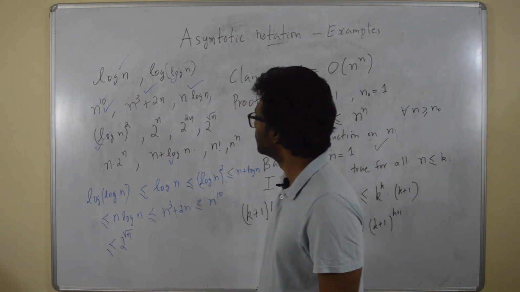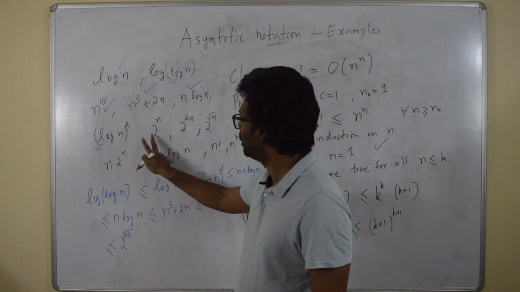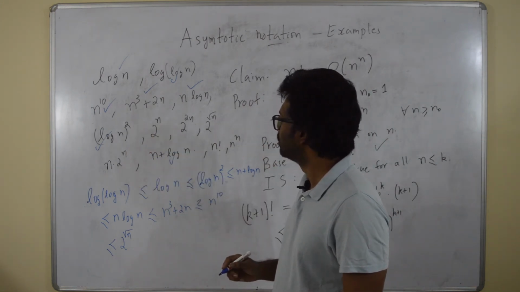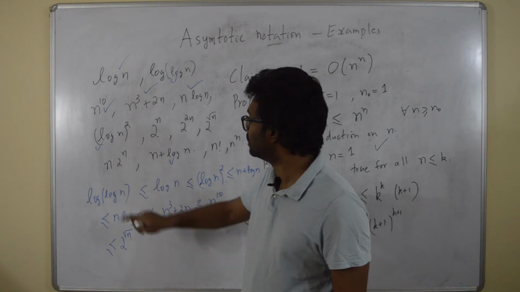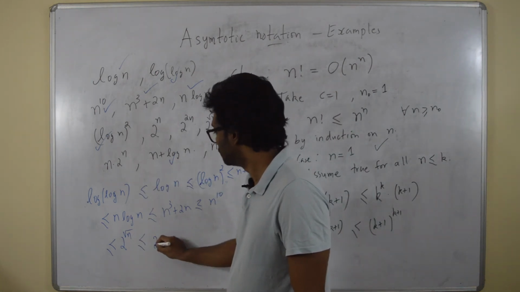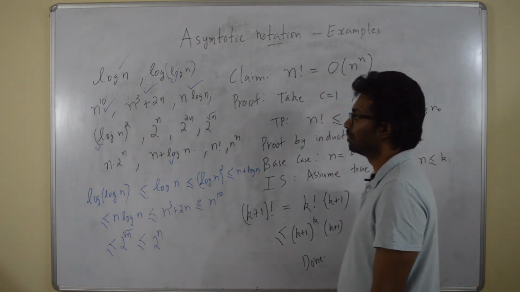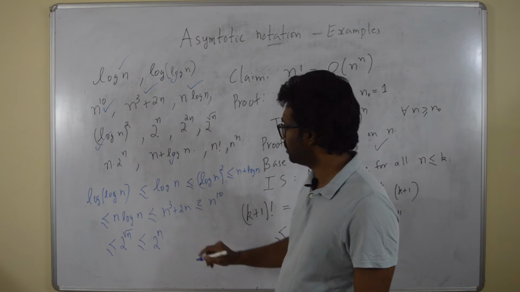Okay, then among these, which is better? This is or this? Okay, so this is. Okay, now this is a question. Is this or this bigger? So what is 2 raised to 2n?